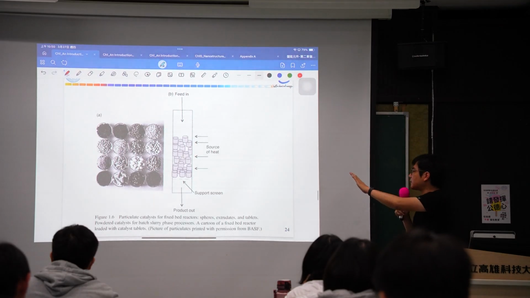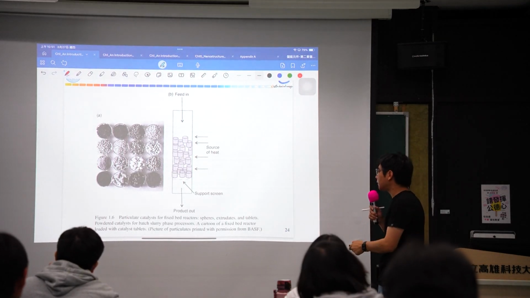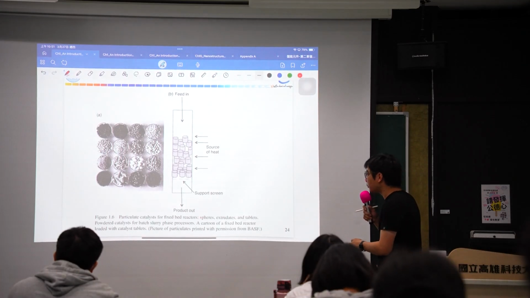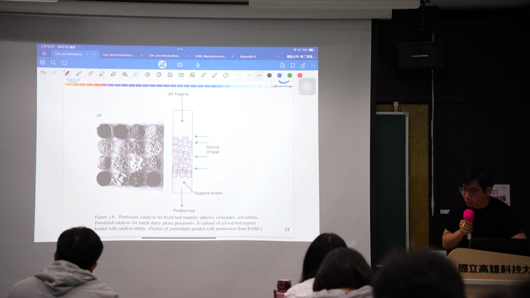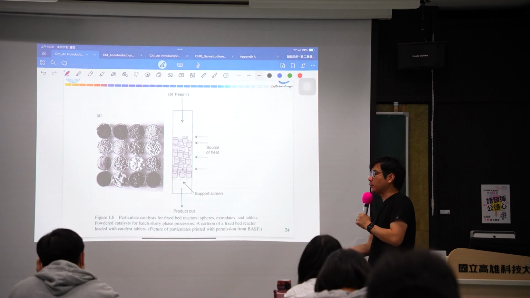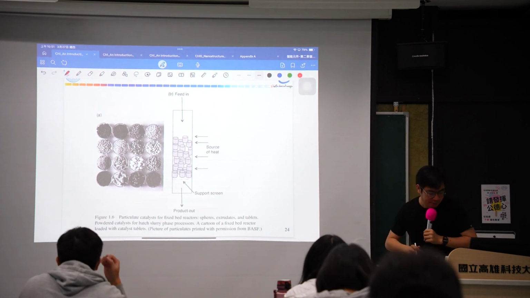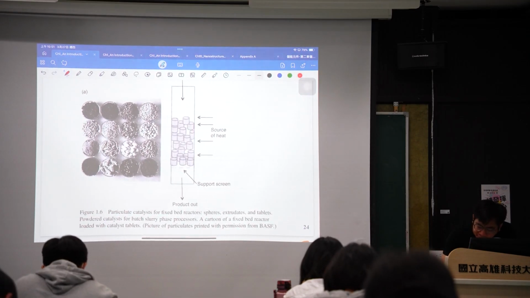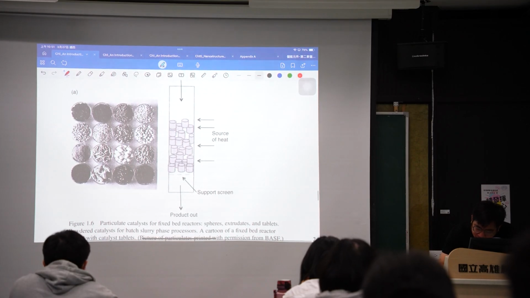So this is how it looks like. Particular catalyst for fixed bed reactor 就是固定床反应器。那好，叫 fixed bed reactor，我们有流动床，对不对？有两种，你知道吗？流动床那种有点像上面有风吹，然后上面有球那种，那个就流动床反应器。好，this is fixed bed. Fixed bed is catalyst fixed at a certain position.